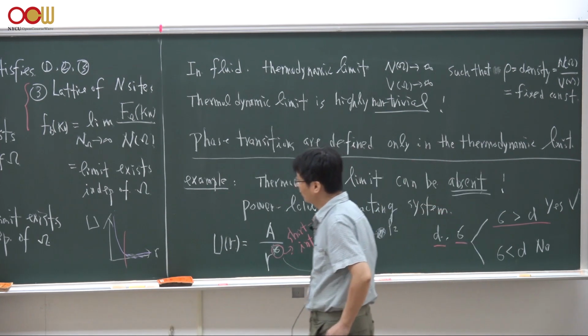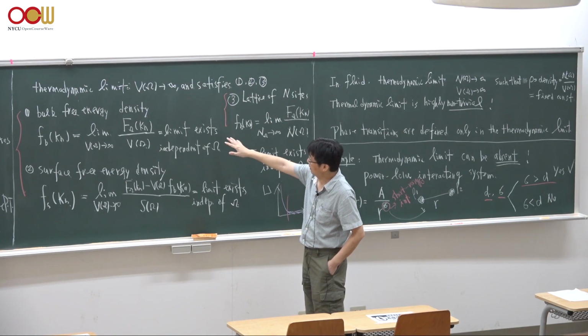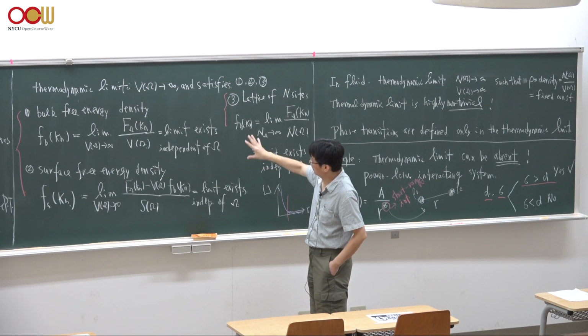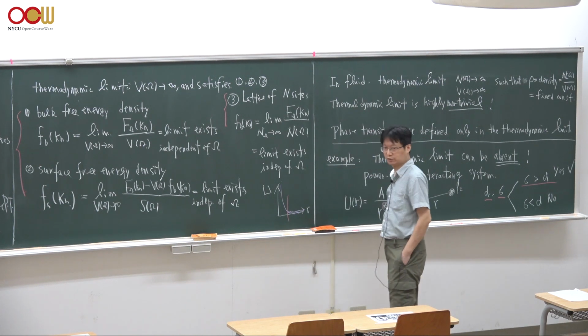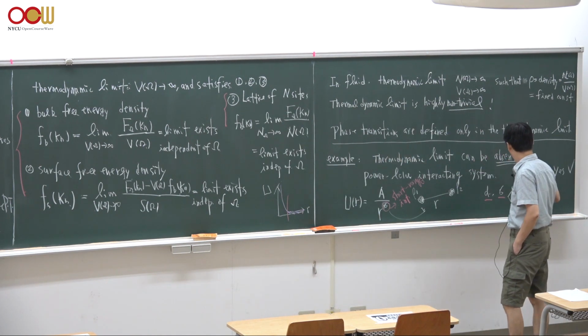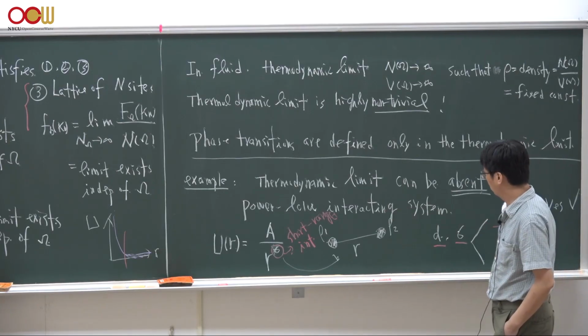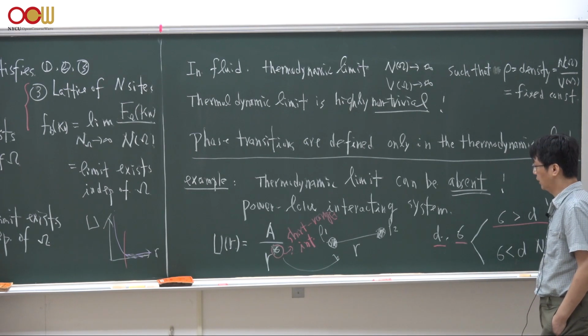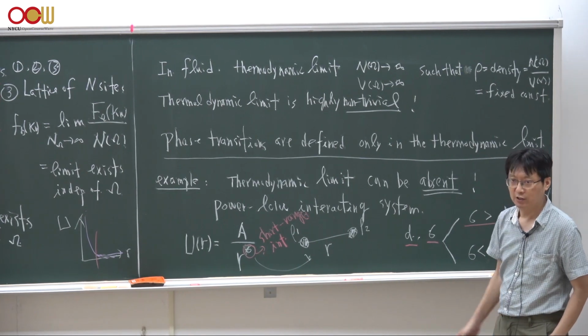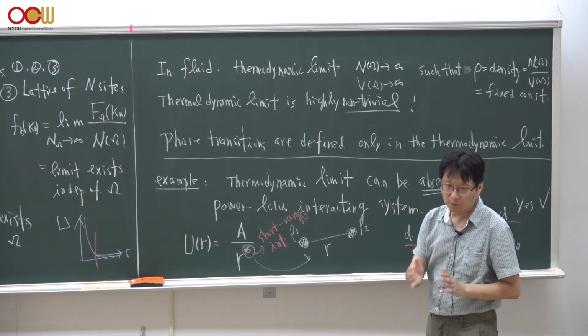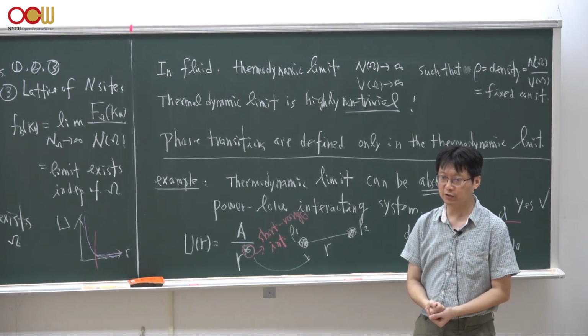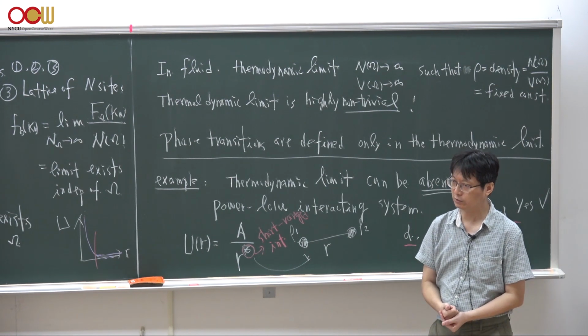But again, not all experimentally measurable systems satisfy these conditions. It depends on the interaction strength, for example the power-law exponent, and also the dimensionality of the system. I guess that gives you a more concrete and precise idea about what we are dealing with.